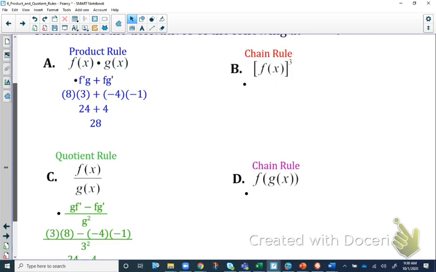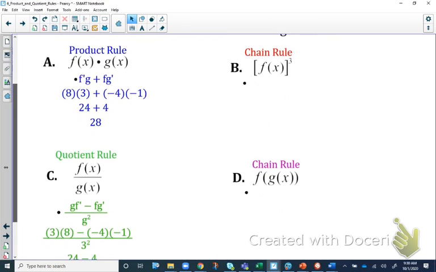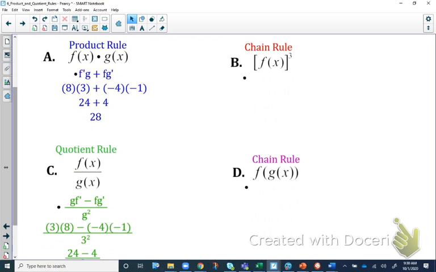Now the chain rule, I'm not sure why they're introducing the chain rule here, but the chain rule is something that we're going to really see in Unit 3. The chain rule is essentially saying that we're going to take the derivative of the outside and multiply it by the derivative of the inside part. So here the derivative of the whole thing is 3 times function f to the second power, and the derivative of the inside part is just the derivative of function f.